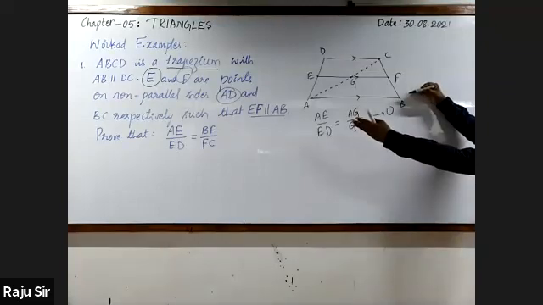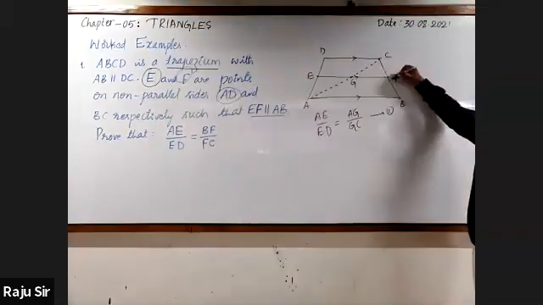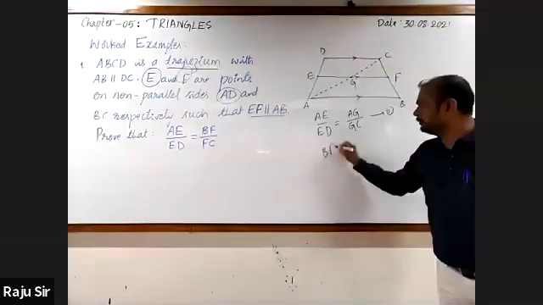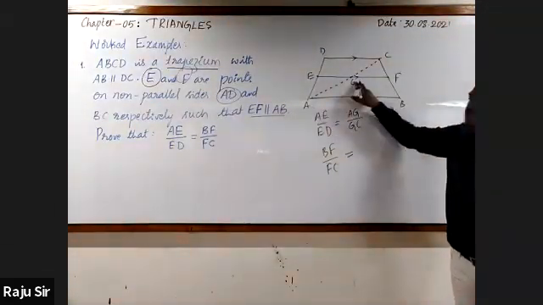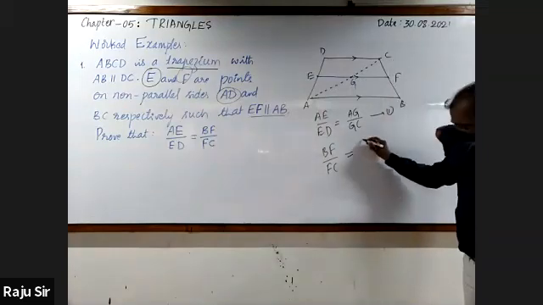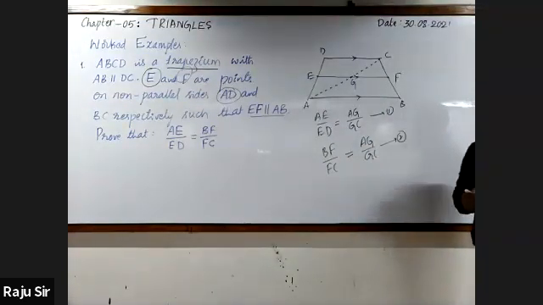As they have given BF by FC, I'll write in this order: BF by FC is equal to AG by GC. Call it statement 2.